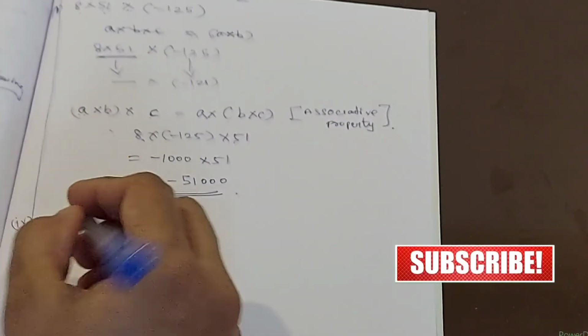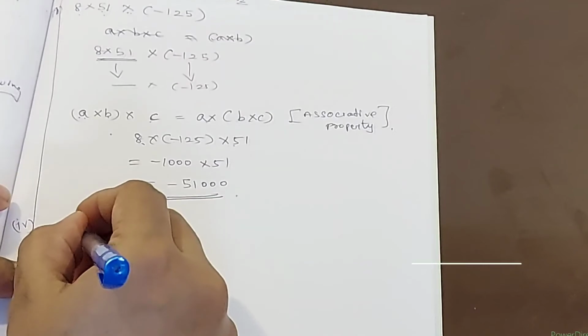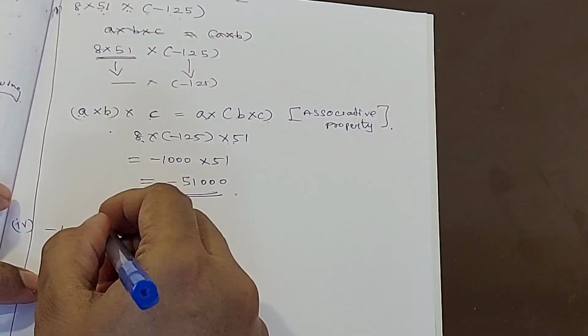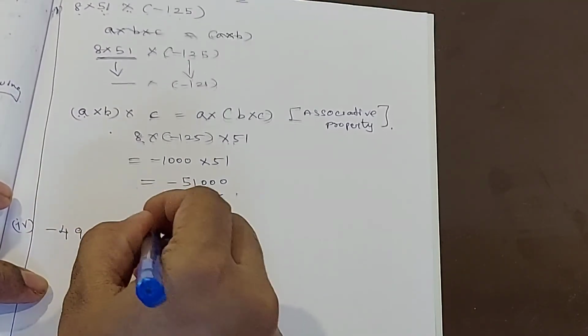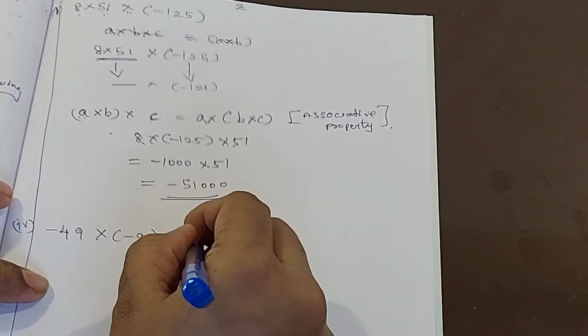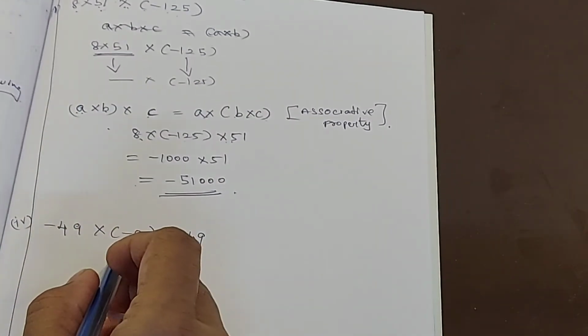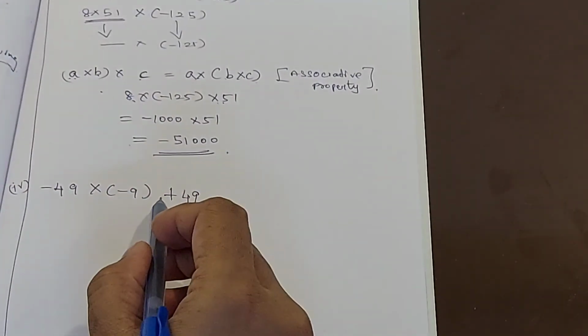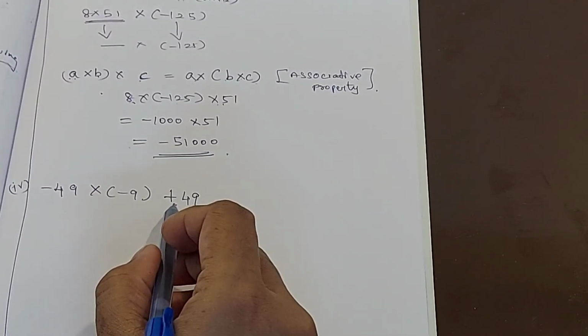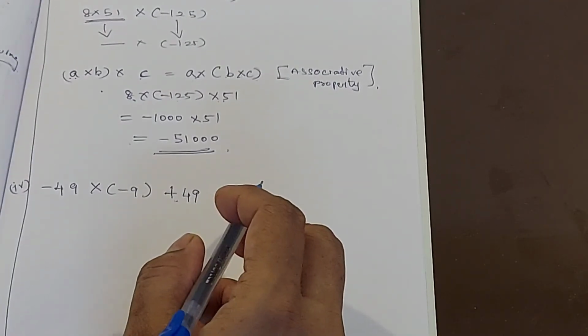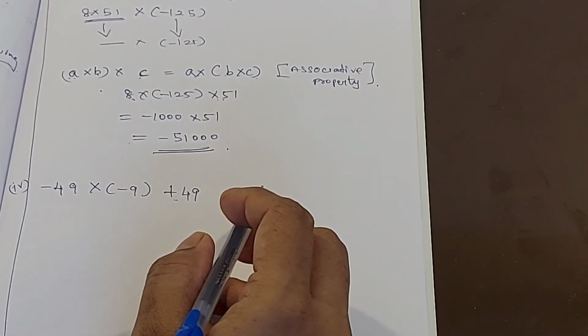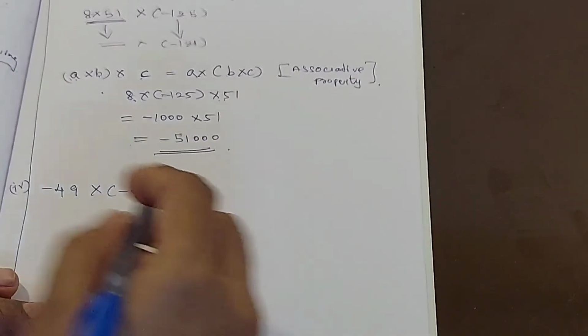What is the fourth problem? Minus 49 into minus 9 plus 49. Minus 49 multiplied by minus 9 plus 49. Okay. See, here also we are going to use some property.